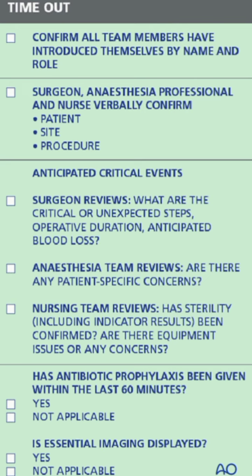Then the nursing team reviews, they will also confirm the sterilization and the indicators before the incision. Then they will also discuss antibiotic prophylaxis. It should be administered 60 minutes before the operation, and accordingly they will prepare the checklist in the timeout phase. Then at last we'll discuss the sign out phase.